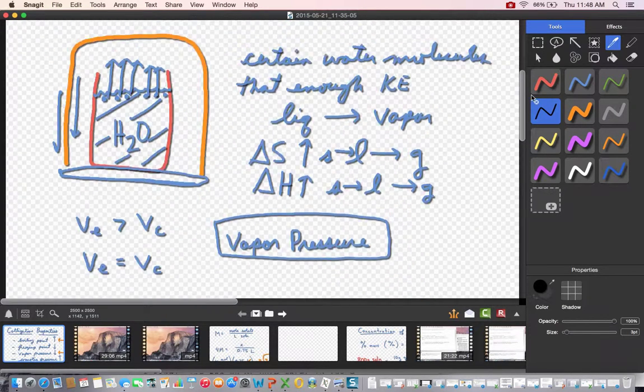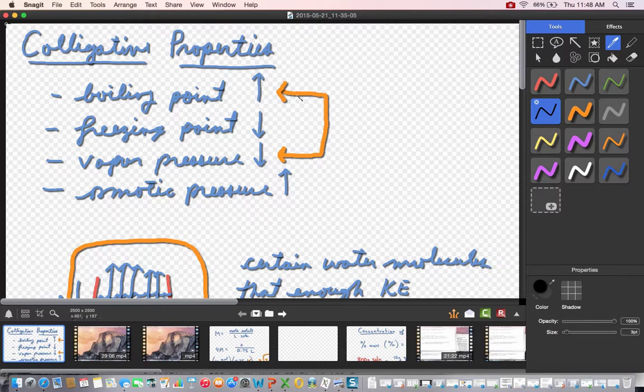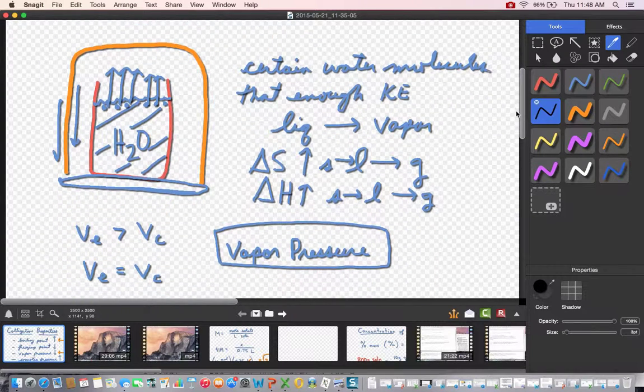So if we go back to the beginning of this lecture, notice that boiling point goes up when vapor pressure goes down. Now, one last thing I did not mention about vapor pressure that is important is vapor pressure is dependent on intermolecular forces.